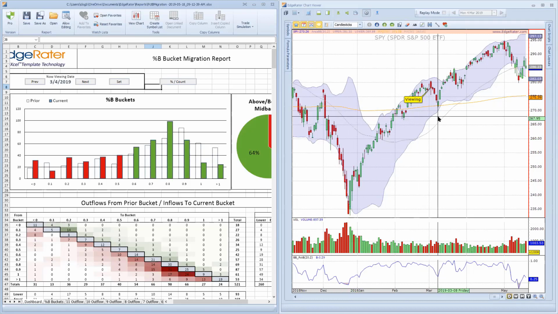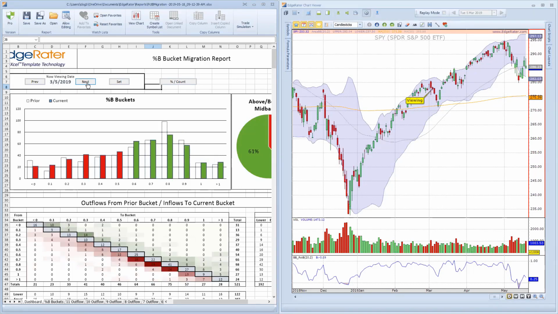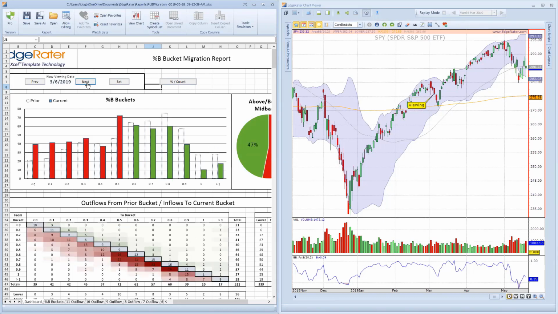I don't know if you were in that camp, but I know a lot of people were thinking that. And these 4 days here were a period where perhaps people were thinking that was going to continue. And so you can see that the buckets start to get bad again. A lot of stocks are moving down into the lower parts of the Bollinger Bands.